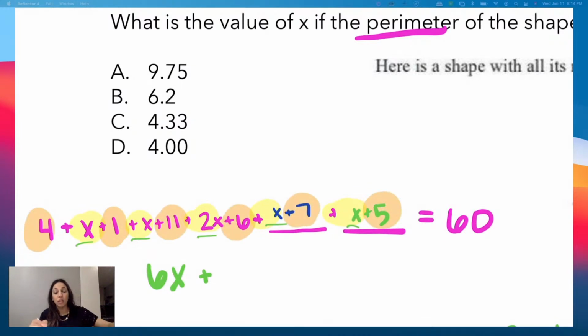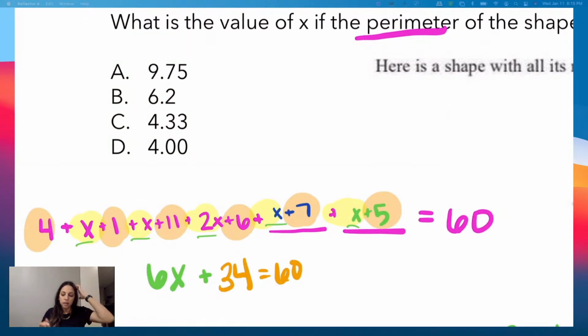I'm going to use my calculator for that. That way I don't get confused. So 4 plus 1 plus 11 plus 6 plus 7 plus 5. That's 34 equals 60.